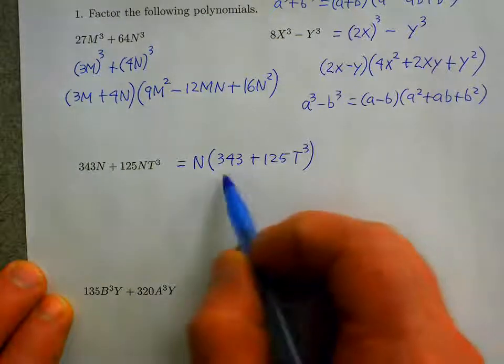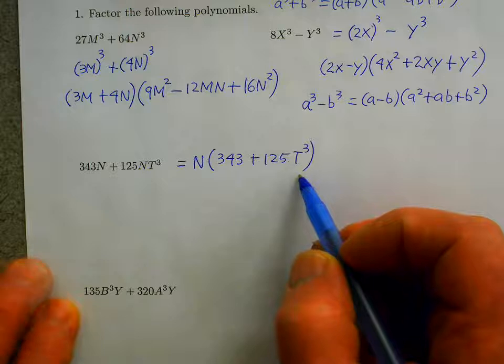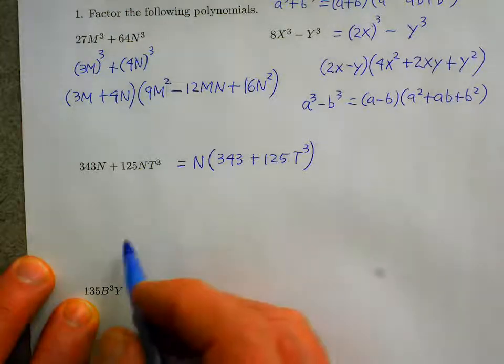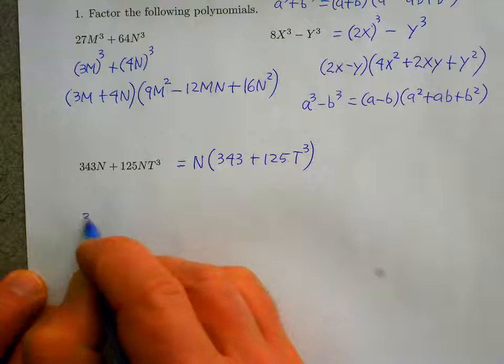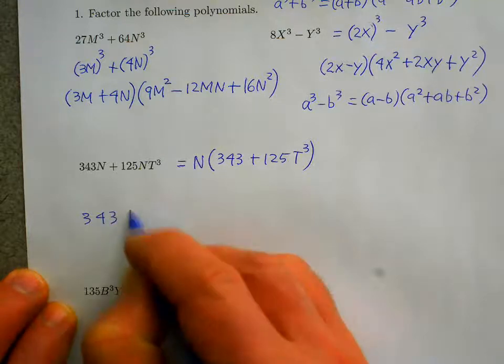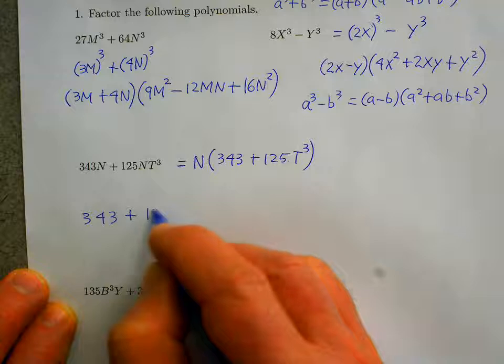Inside the parentheses, we have a sum of cubes. So we'll look at that in isolation, the 343 plus 125t to the third.